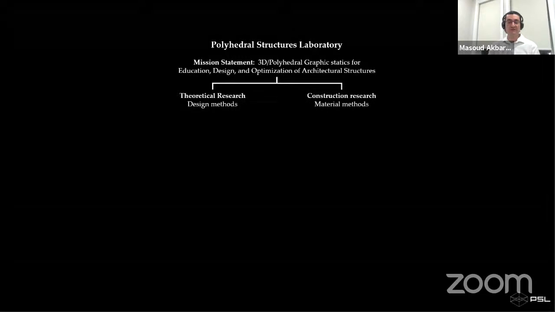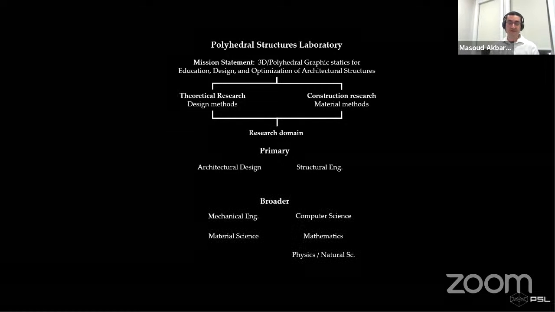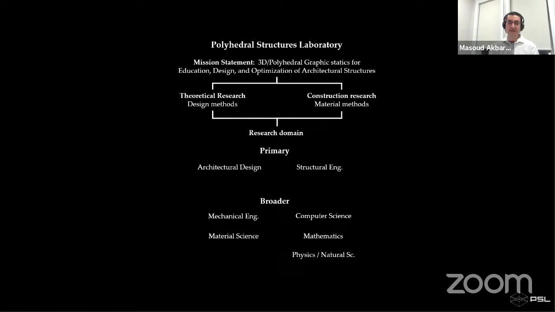And then in the meantime, we also apply that research in construction projects and material methods. As a result, the primary domain of research is architectural design and structural engineering, but the work can extend to mechanical engineering, computer science, mathematics, material science, and so on.